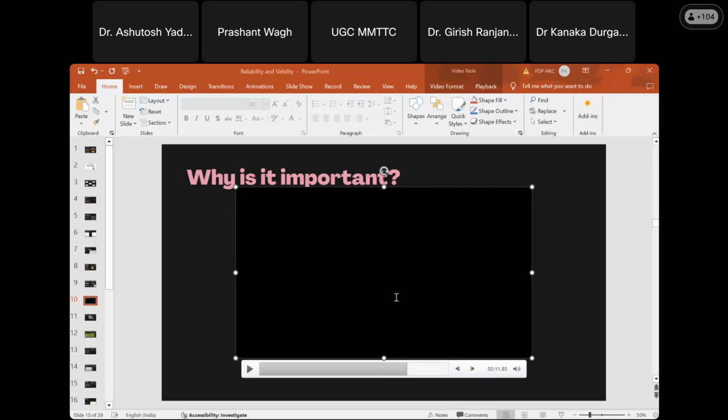Okay, so tell me how this can be related to reliability, validity, or with research in general. आप टाइप भी कर सकते हो अपना रिस्पॉन्स. I can see Prashant Wagh sir का एक question है.